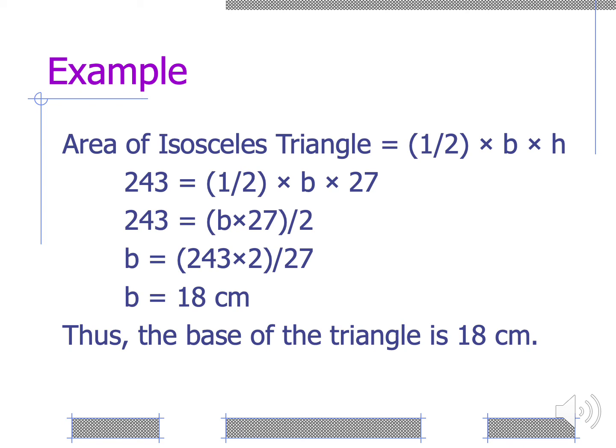So that means it is 243 times 2 over 27 equals b. 27b is what remains if you're going to multiply the reciprocal of 1/2 to this. So the base is basically 18 centimeters. You can check also with your calculator if the calculations are correct.